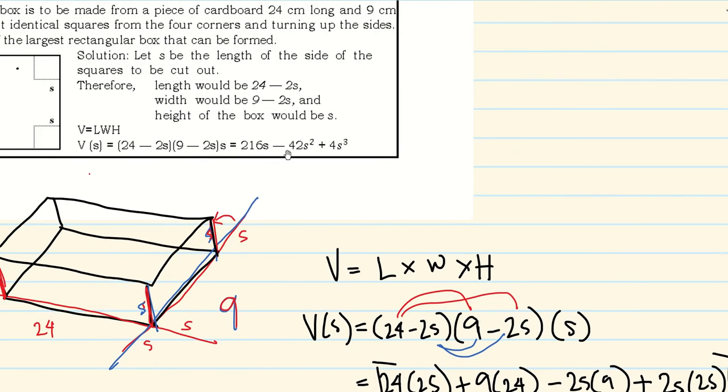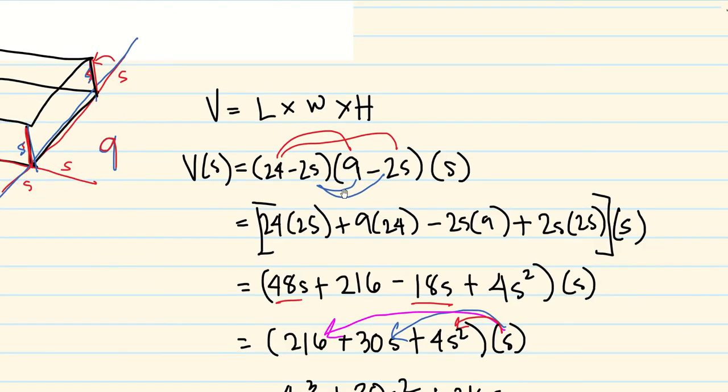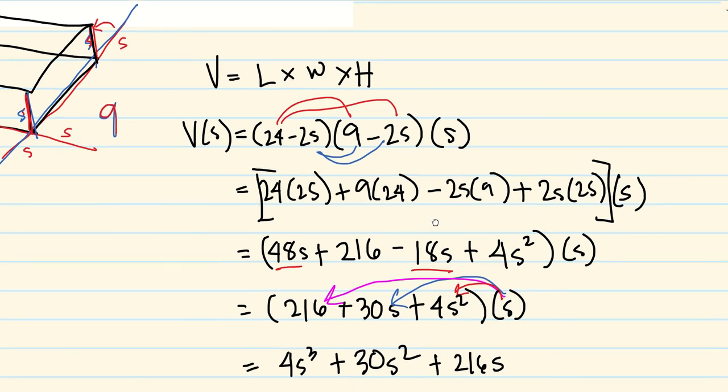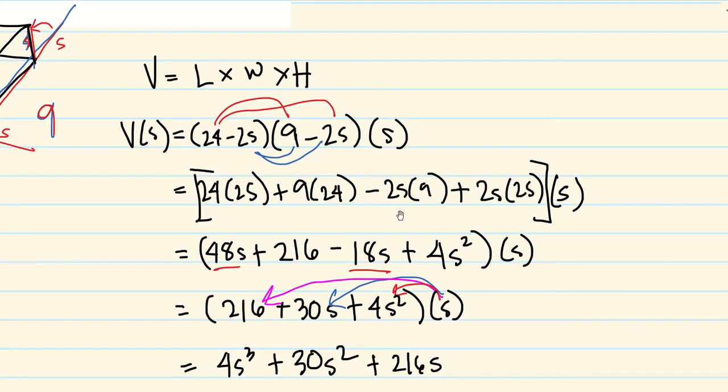Let's check it here. Why is it 42? Something is wrong here. Supposedly it should be 42s, but let's recheck what has gone wrong. 48s. Oh, here we have it wrong.